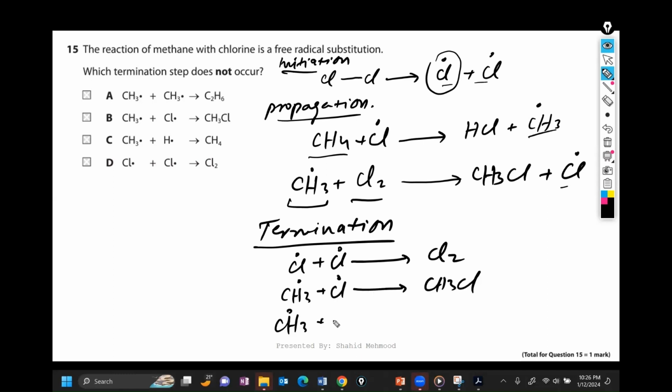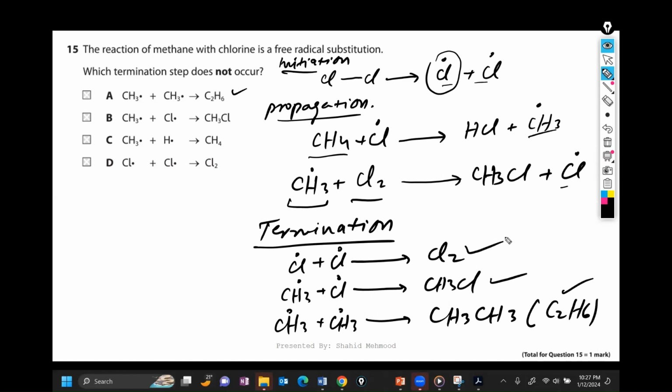And the last option is that in the given steps, maybe we get ethane, which you can also write as C2H6. This CH3Cl is here, Cl2 is here, but only this equation, CH3 dot and H dot giving CH4, is not here, so our option is C. For your information, you must keep in mind that a hydrogen free radical doesn't form from carbon. Due to the smaller size of hydrogen, this bond is a very strong bond.